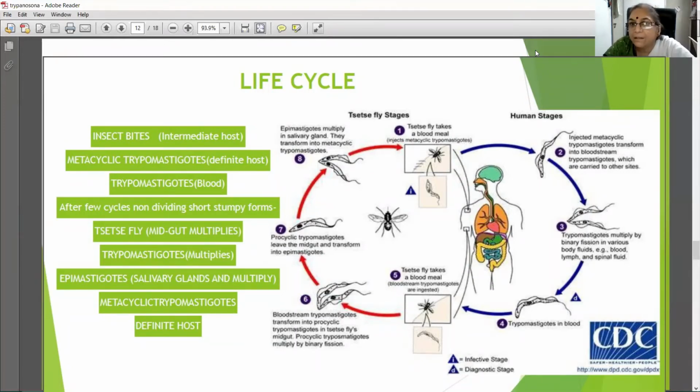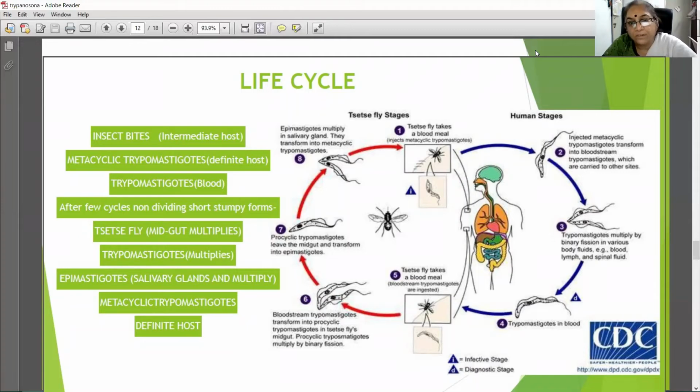They multiply in the blood of the human being, and after some cycles, these long and slender trypomastigotes get converted into short, stumpy, non-dividing forms. And once they are in non-dividing form, they cannot cause any disease. Therefore, to complete the life cycle, they will have to enter into the tsetse fly.